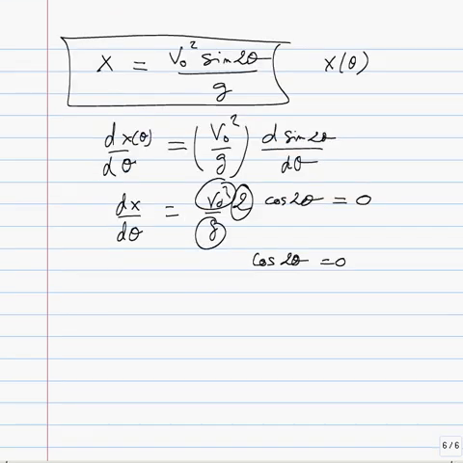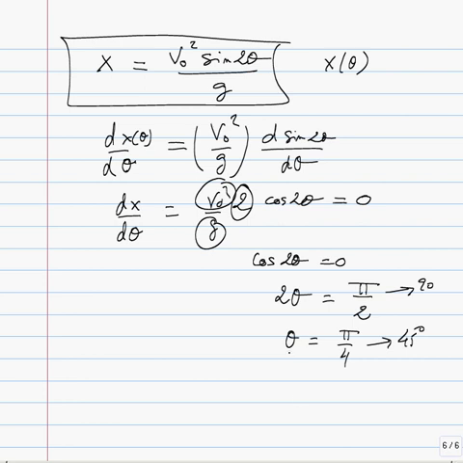So for which value of theta is cosine 2 theta equal to 0? Well, I can take the arc cosine, and the arc cosine of 0 is going to give me pi over 2. So I have 2 theta is equal to pi over 2. If I solve for theta, I end up with pi over 4, which is, this is 90 degrees, and this is 45 degrees.